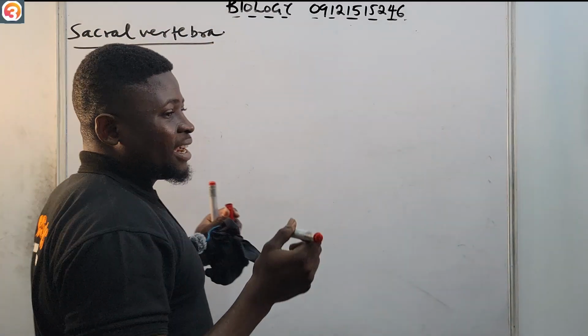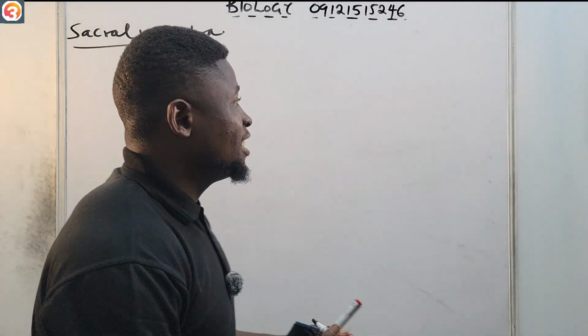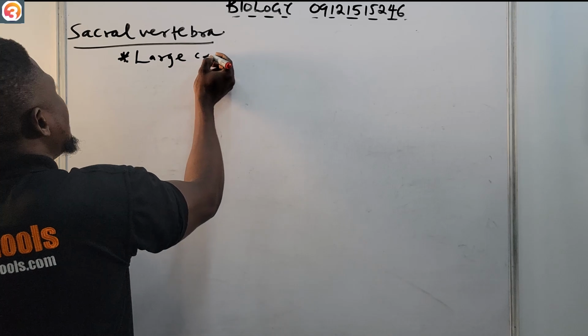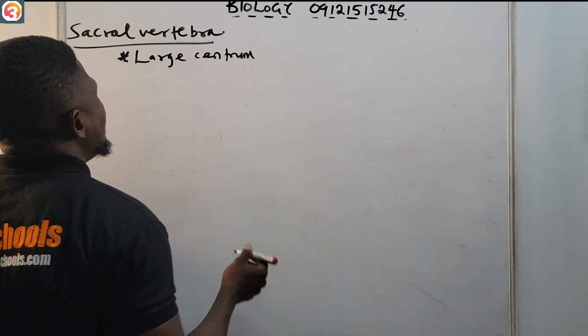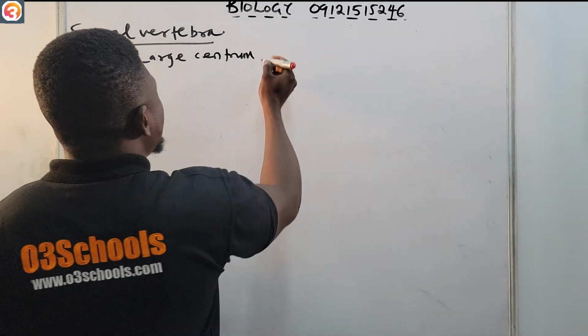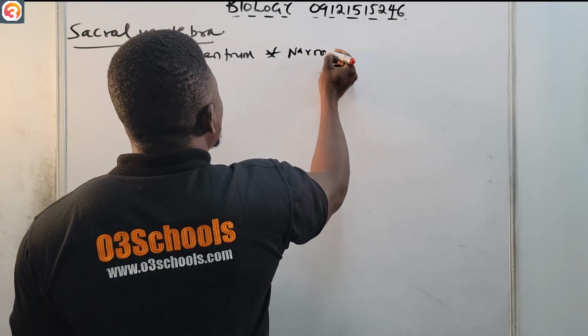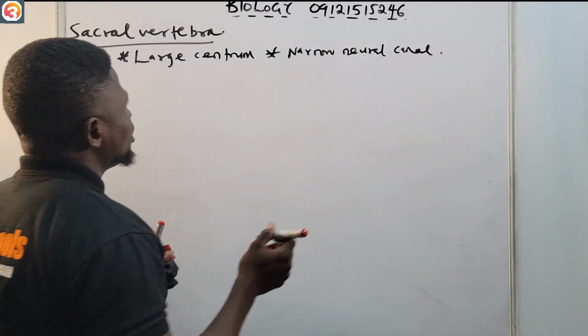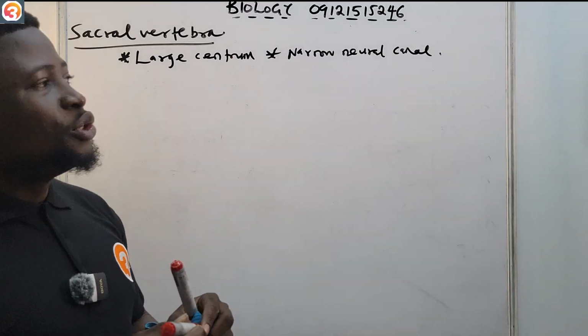So let us look at the sacral vertebra. Now, the sacral vertebra is characterized by a large centrum. It is also characterized by a narrow neural canal.